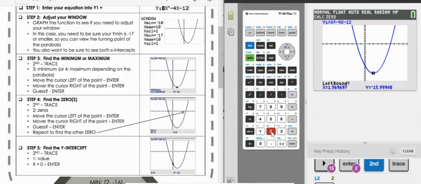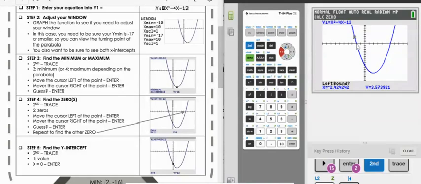Since there are 2 of them, I have to decide which one I'm going to find first. I'm going to find the 0 that is on the left. So when the calculator tells me to go left bound, I need to go to the left of that 0. Once I am on the left side of this point, I'll hit enter. You can see that the calculator draws a line.